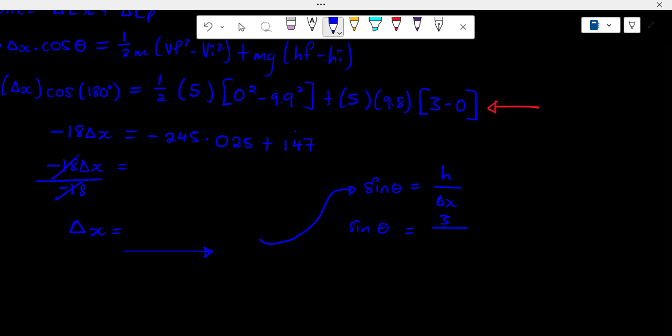So negative 245.025 plus 147 gives me a value of negative 98.025.